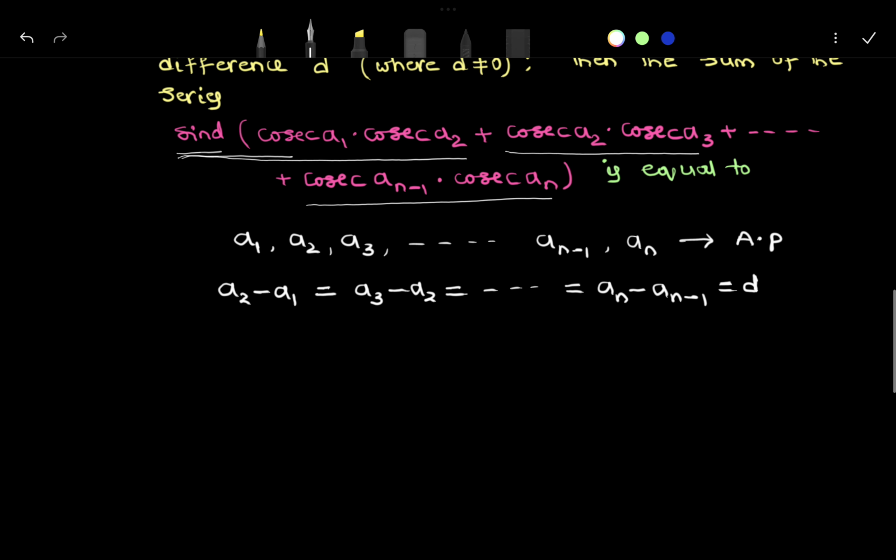Now, sin d is given, multiplied with the cosecant values.